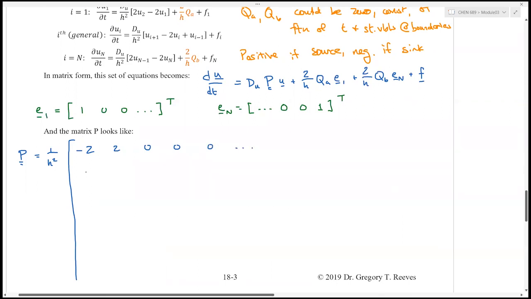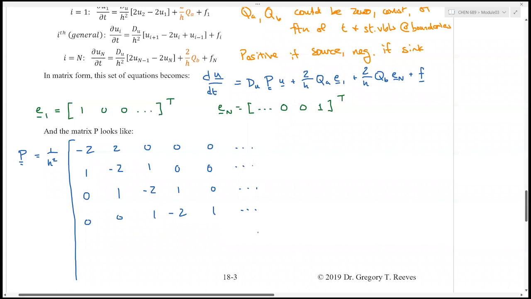The second row, you have a 1, a -2, and a 1, and then a bunch of zeros. The third row, you have a 0, a 1, a -2, and a 1, and then a bunch of zeros. The fourth row, again, looks like a repeat of the first rows, except everything is shifting over to the right.